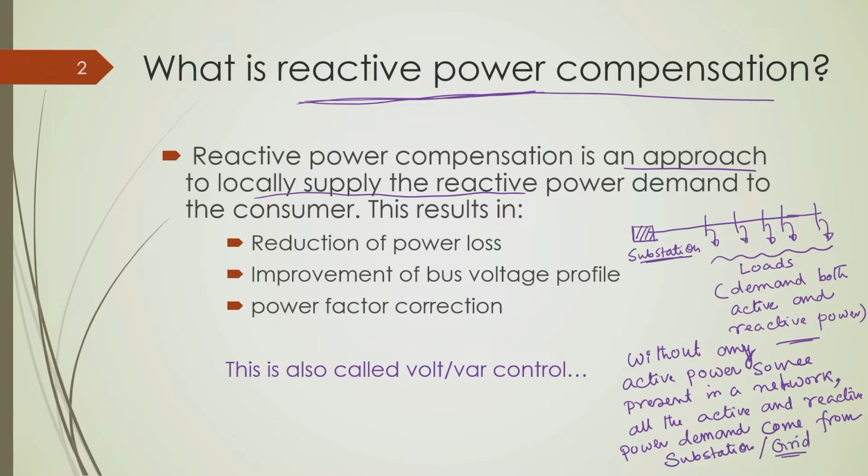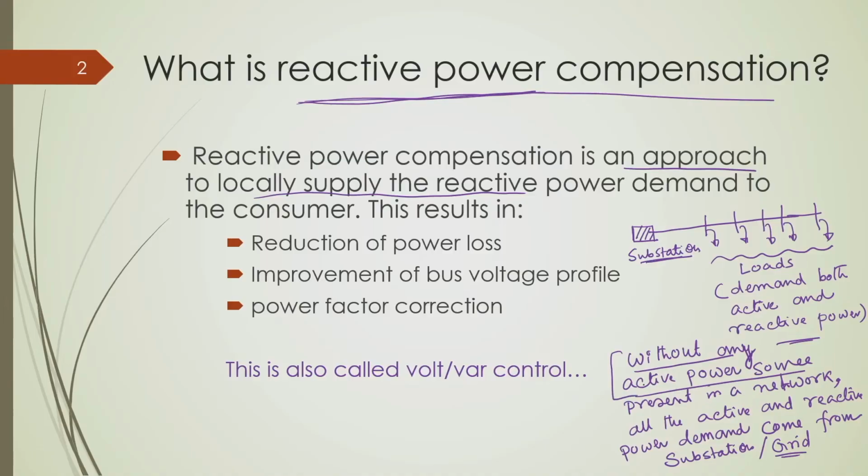A power distribution network without an active power source is called a passive network. Till today most of our distribution networks are passive; they do not have any active power source in between.